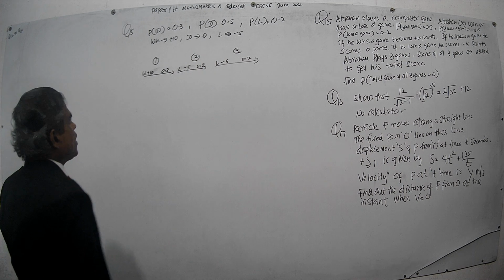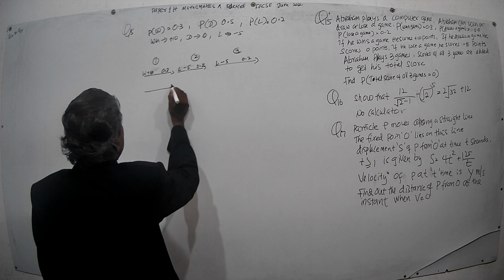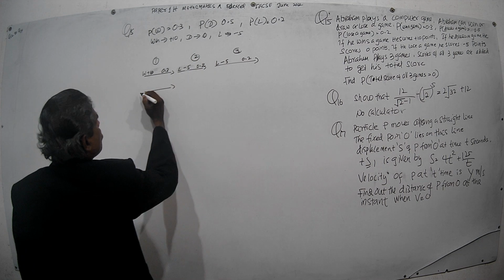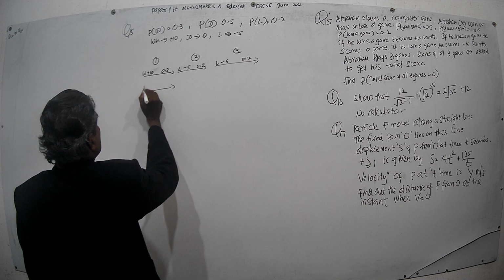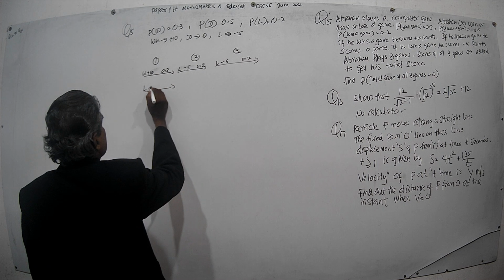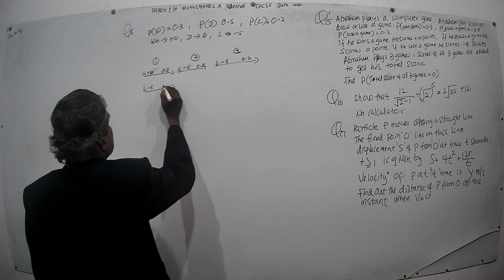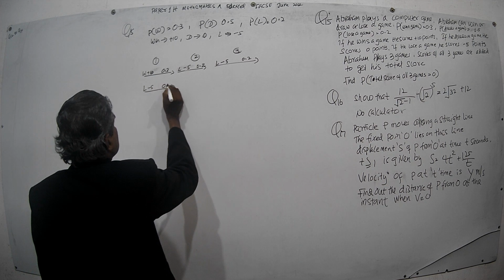The other way is what? First one he loses, then minus 5, and the probability is 0.2.